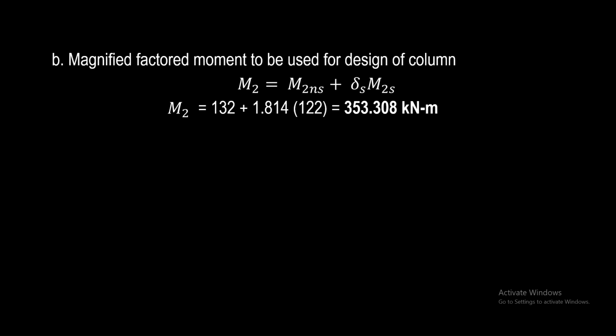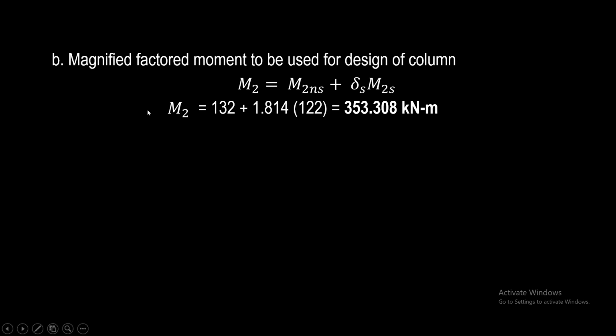The magnified factored moment to be used for the design of the column: we have 132 kilonewton meter of M sub 2ns, or non-appreciable side sway, plus the moment magnification factor of 1.814 times the moment due to the cause of appreciable side sway, or M sub 2s.